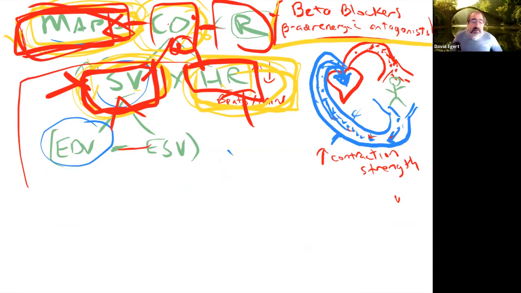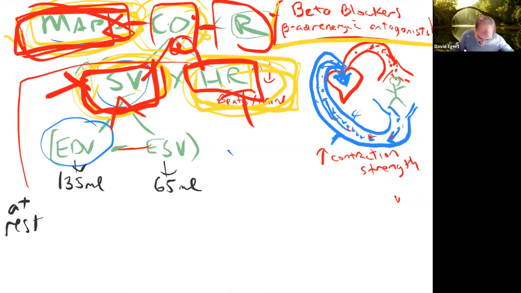So when we are talking about end systolic and end diastolic volume, let's talk about what they are at rest. At rest, a typical end diastolic volume is maybe 135 mils. End systolic volume is typically about 65 mils. Which means, what is a typical stroke volume?